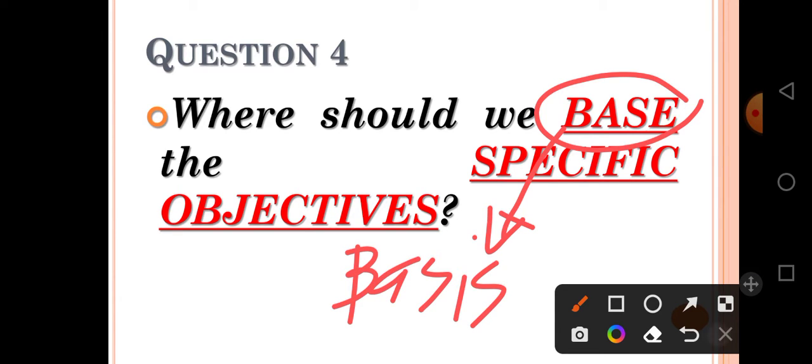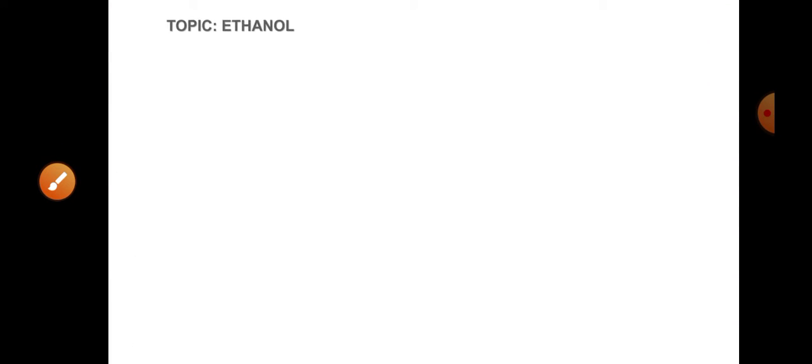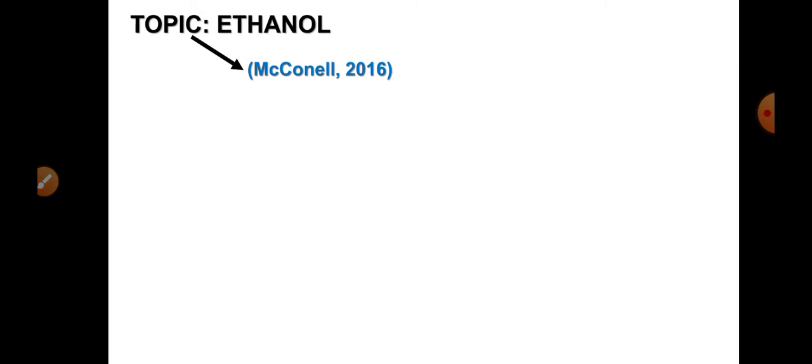So let's try to take a look at this example. We have here the research topic. Our research topic revolves around ethanol. According to McConnell 2016, one way for us to measure how effective an ethanol is, is to test and measure its flammability. So we have here flammability as one of our measurable variables.